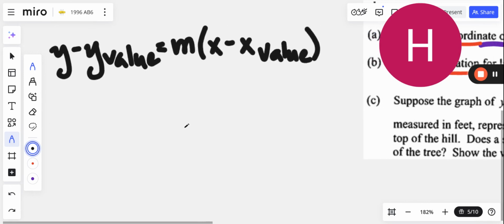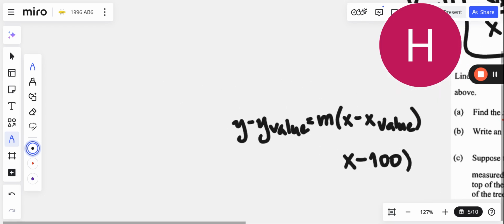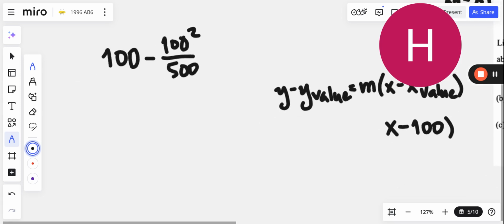All we know so far is that x is equal to 100. So x minus 100. Let's find the y value. So how do we find the y value? Well, we just use the function: 100 minus 100 squared over 500. And that's going to give us 100 minus 10,000 over 500, which is just going to give us 20 again.